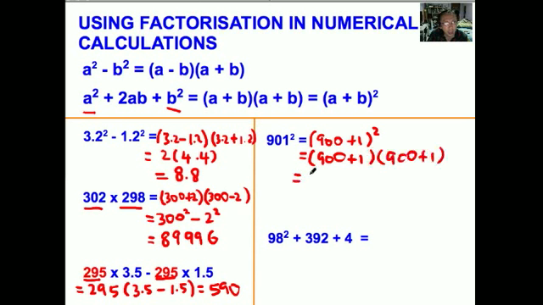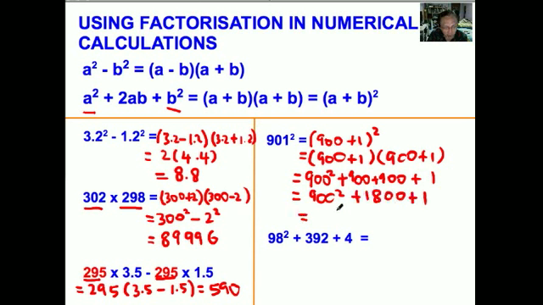Expanding this, we have 900 squared plus 900 plus 900 plus 1, which is 900 squared plus 1800 plus 1, giving us the answer 811,801.